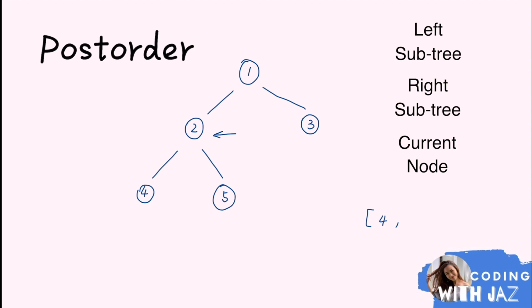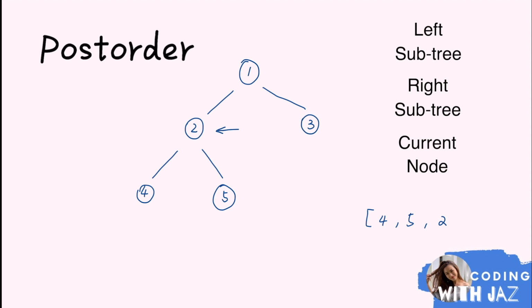So we go to its right child, and node 5 doesn't have any children either. So the post-order traversal for node 5's subtree is also going to be null, null, 5. In this case, we're only keeping the 5. And then we go back to its parent. So since node 2's both subtrees have been explored, we then record node 2's value.